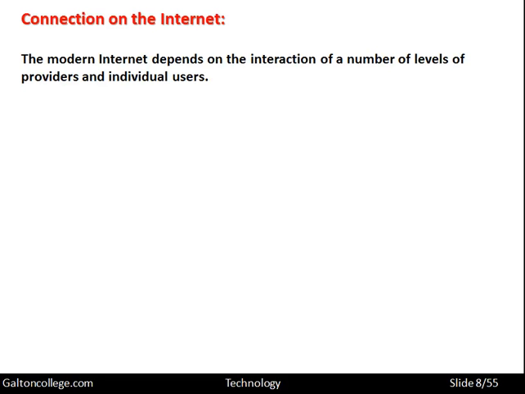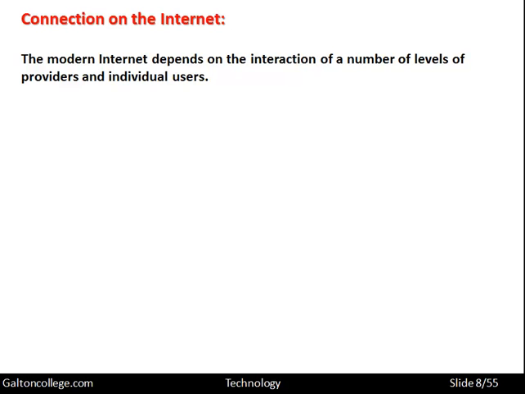Now, connection on the internet. Well, modern internet depends on the interaction of a number of levels of providers and individual users. So our contact over the internet is a function of the number of nodes through which the information has to flow.